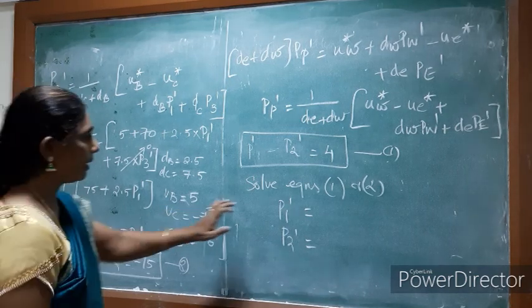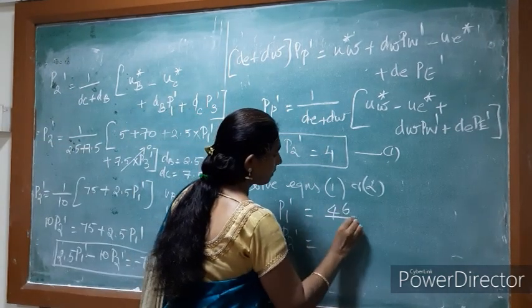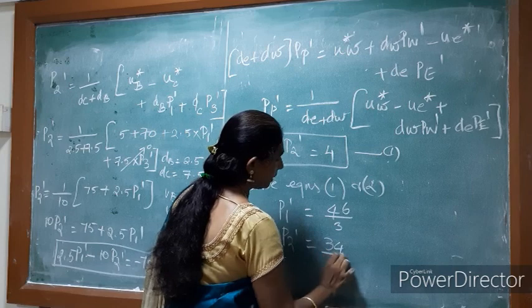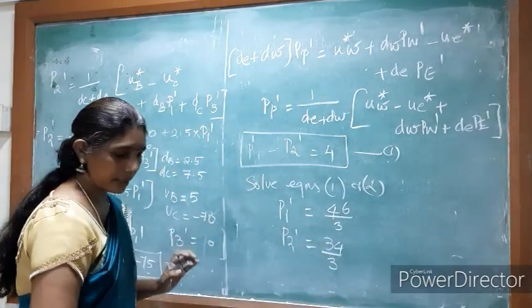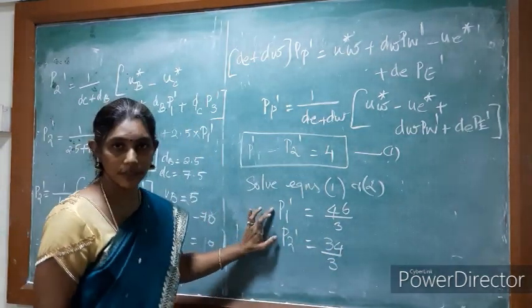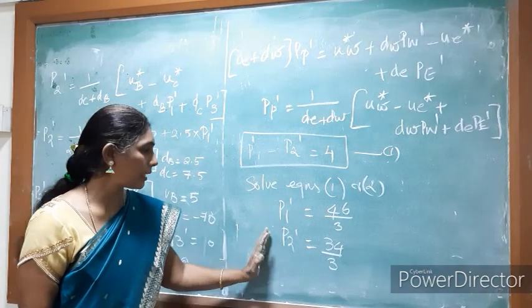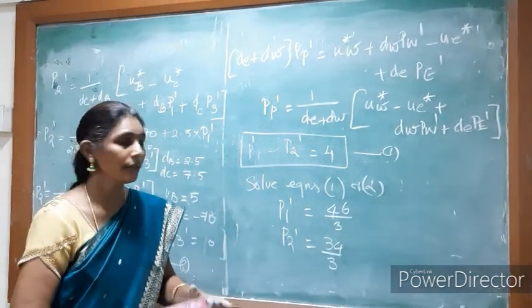So the values that I have got is 46 by 3 and 34 by 3. Right? Now our step 3 is completed because we have got the pressure correction equations at point 1 and point 2. Right?